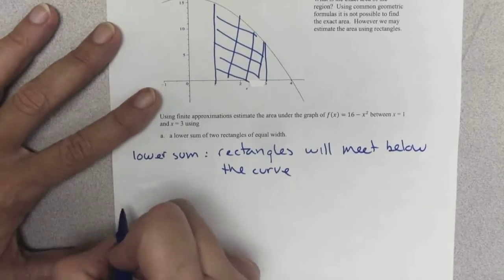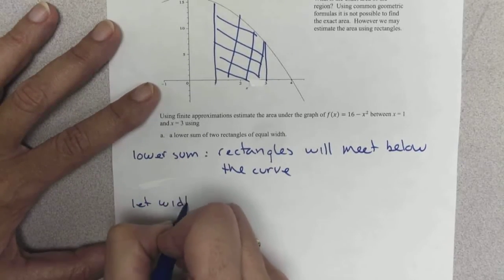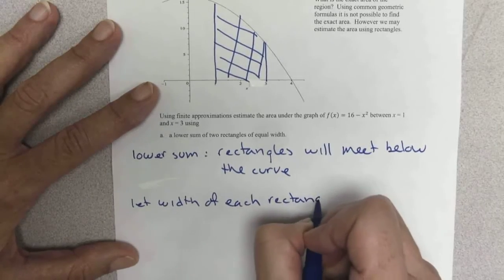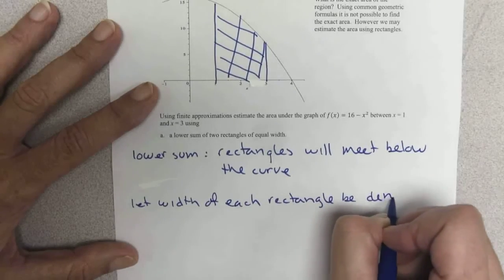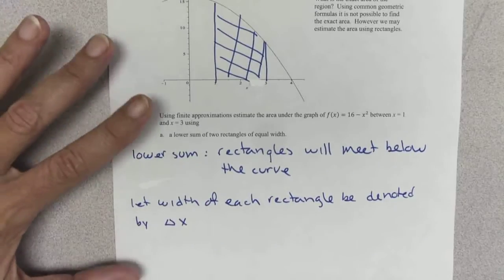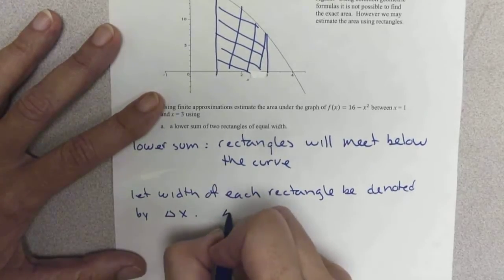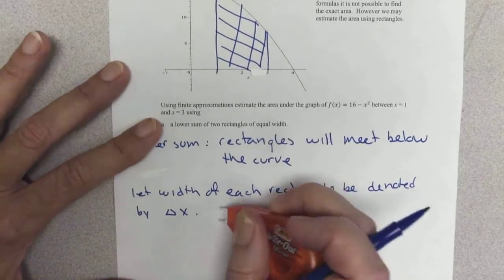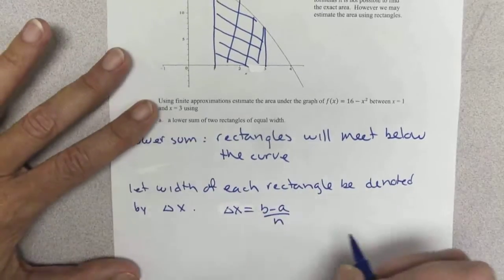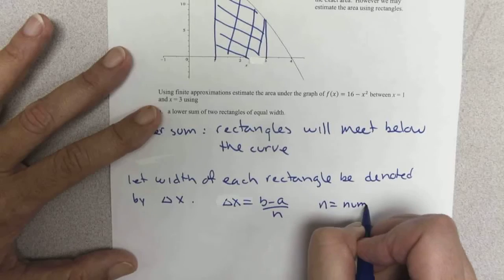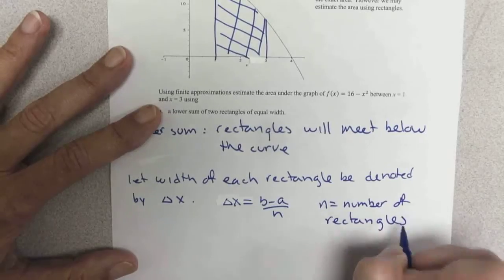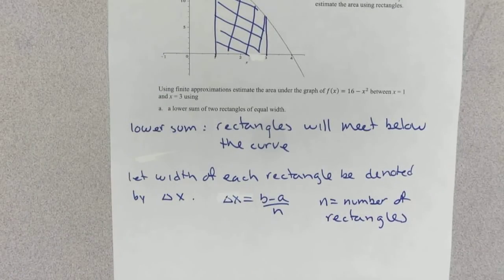Then of equal width, we're going to let the width of each rectangle be denoted by delta x, and you can just trust me that delta x is going to be b minus a over n, where n equals the number of rectangles. So there's just a little terminology for us.